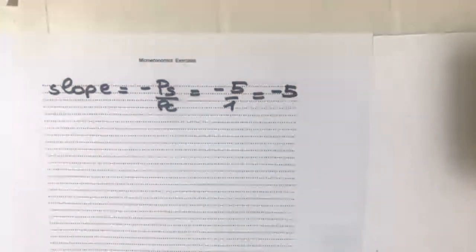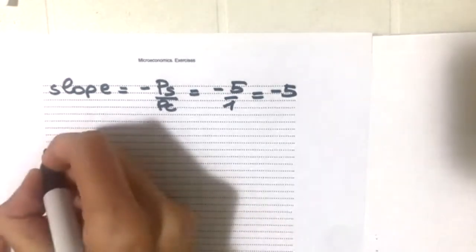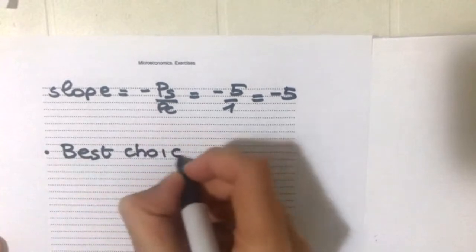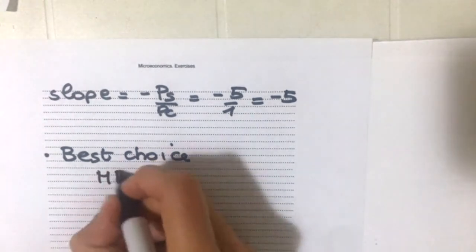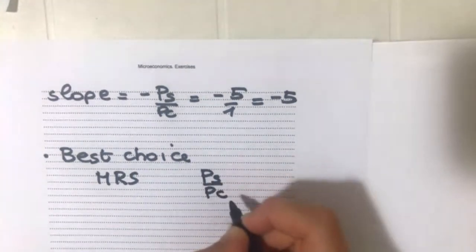Now, we need to find N's best choice and represent it in the graph. So here we have the best choice. At this point, we should know how we find the best choice in the case of perfect substitutes. The answer is that we compare the marginal rate of substitution with the price ratio.